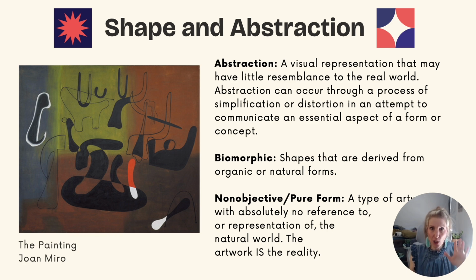These are shapes that are derived from organic or natural forms. And then we have non-objective or pure forms. These are a type of artwork with absolutely no reference to or representation of the natural world. These are created shapes and form. The artwork is the reality.